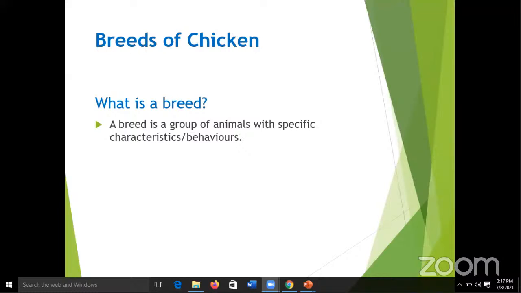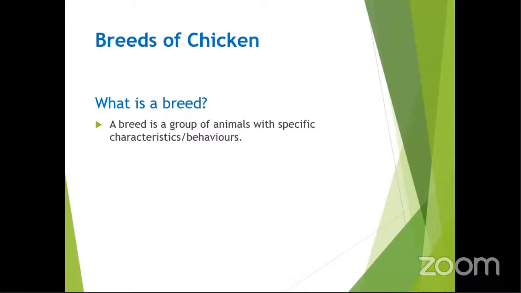Nasha correctly told us that a breed is a group of animals with specific characteristics. So when you're defining, you don't need to have both words, characteristics and behavior.